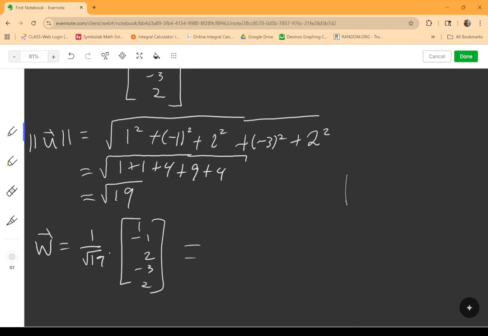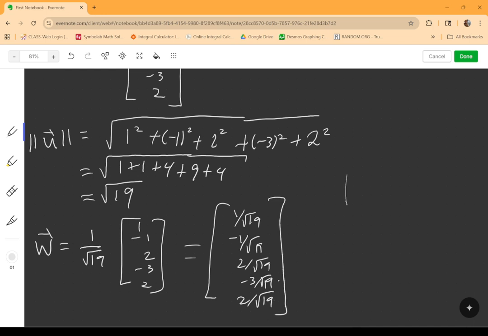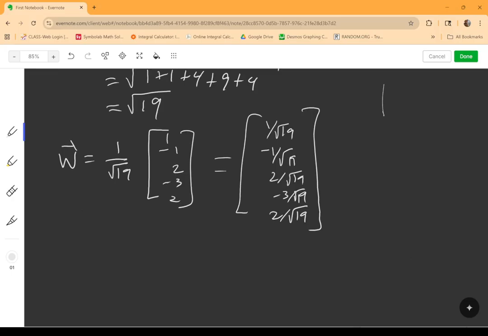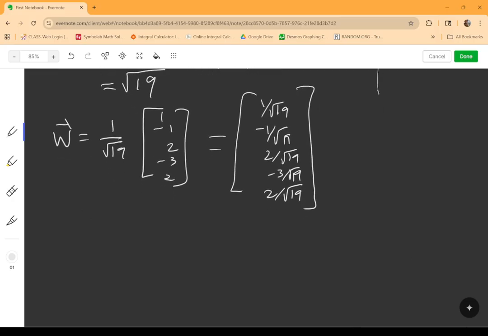It's a scalar multiple of the vector, so we get 1 over root 19, negative 1 over root 19, 2 over root 19, negative 3 over root 19, and 2 over root 19. What this process does is guarantee, and you can verify it, that this is in fact of length 1. So we can double check our work here.